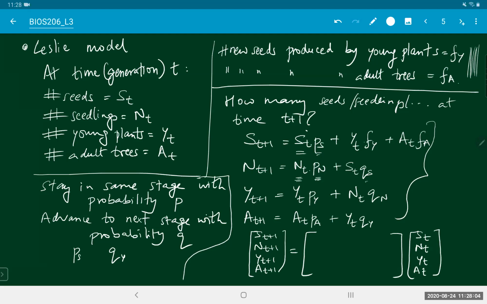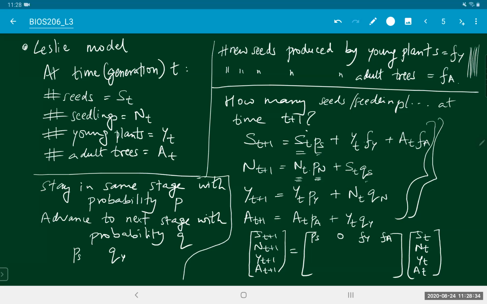And these coefficients you can read from these 4 equations. So S t plus 1 is PS times St, nothing times Nt, FY times Yt, and FA times At. These come from the first equation.